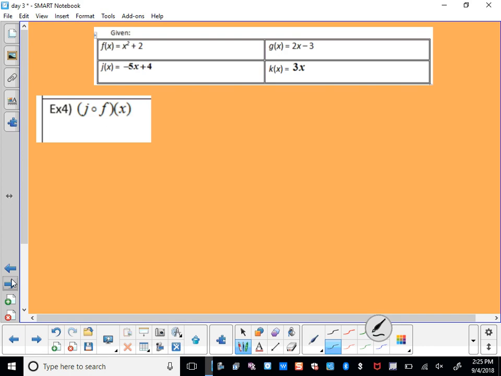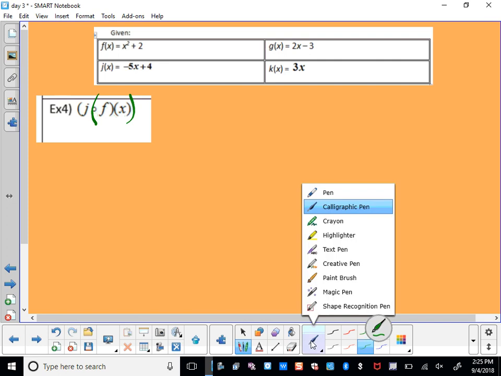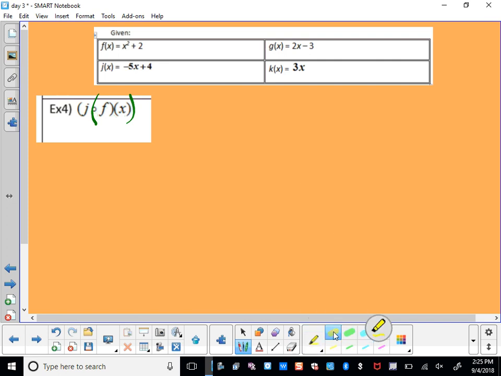Let's look at example 4. I automatically see where I have an open circle, so I just put parentheses. What's my inside guy?